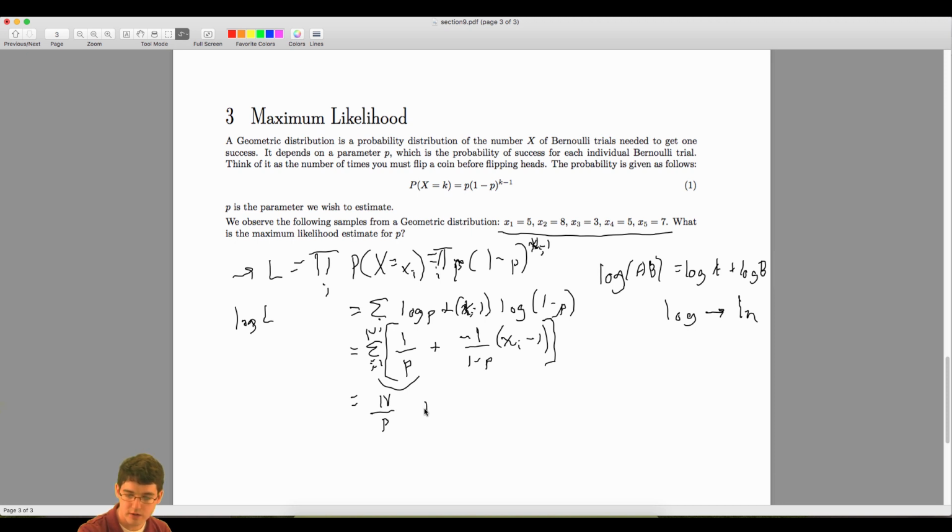Okay, now let's look at these other terms. Actually, I'm going to turn this into a minus, just move this minus sign over. Now 1 over 1 minus p also doesn't depend on i. And if we move the sum in, this turns into the sum over i of xi.